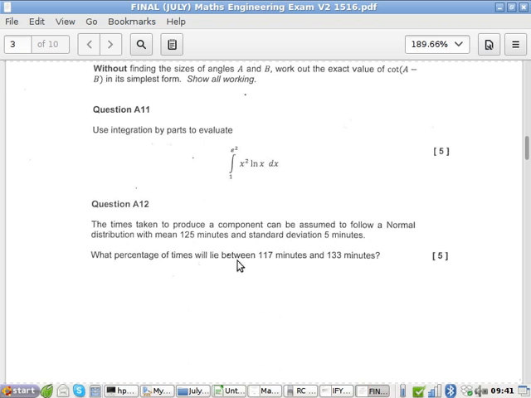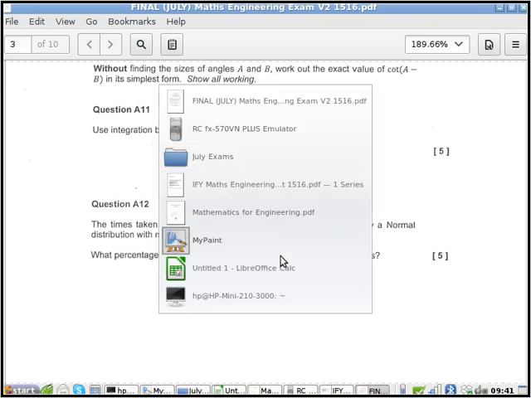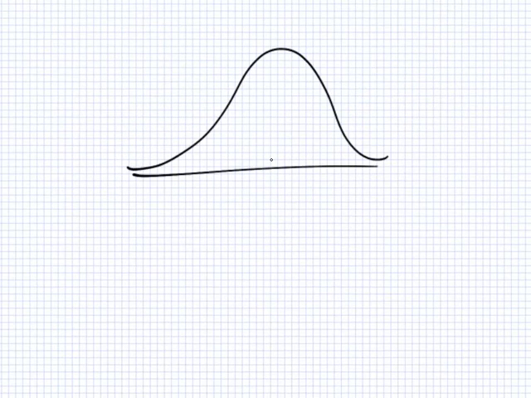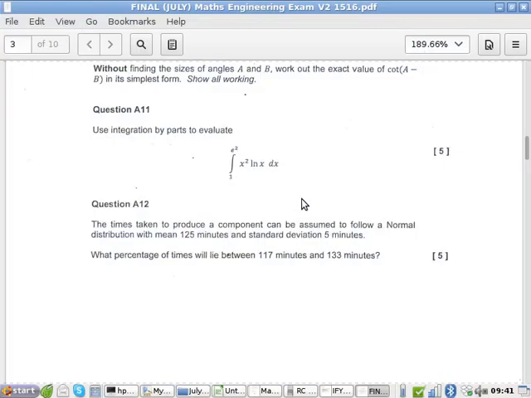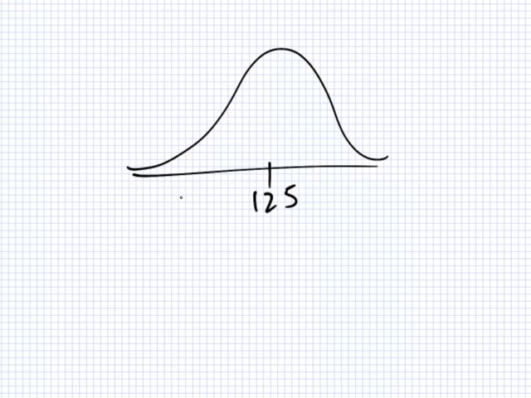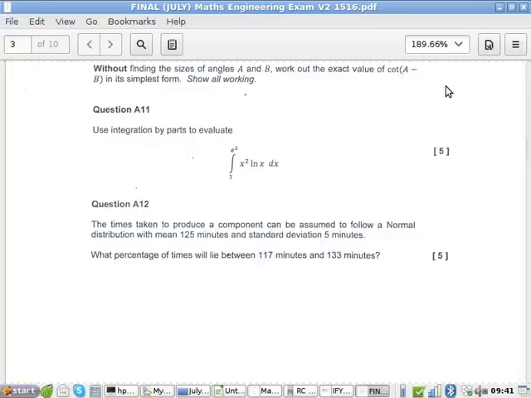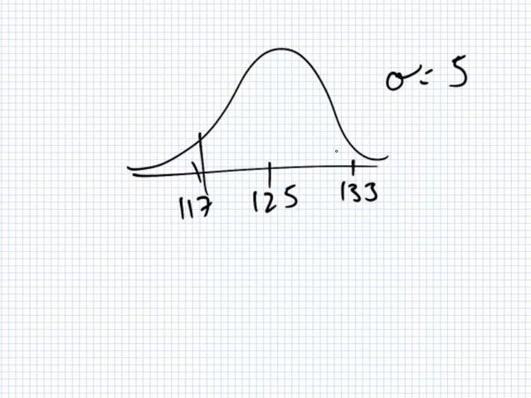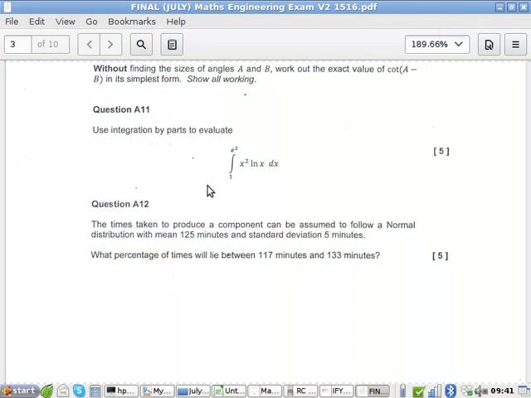What percentage will be between 117 and 133? Yes, you missed this class, but you should know this. What do you do? The Z transform, yeah. So you draw your bell curve, and we have here 125, and we're looking at 117 to 133. The standard deviation is 5, and they want to know this area here. 5 marks.